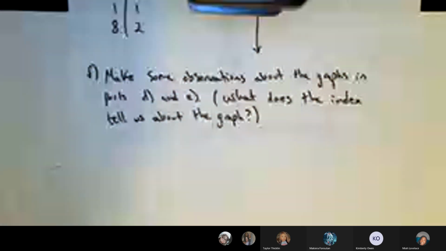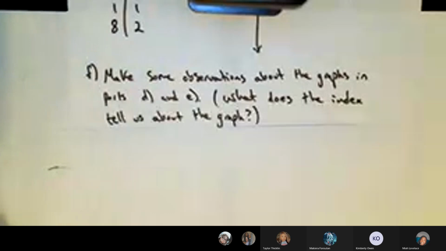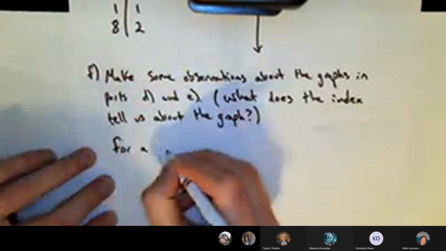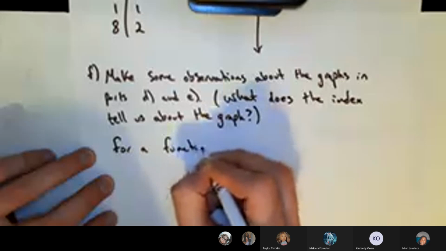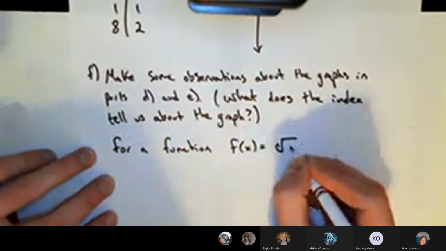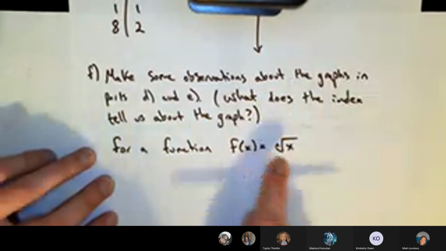So how can we write that down nicely? What does the index tell us about the graph? So for a function f of x equals nth root of x, so that's an n in the index position.